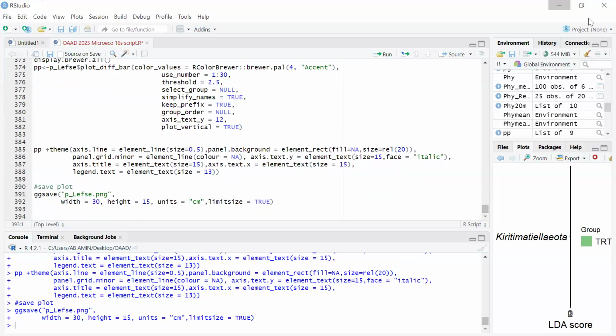Remember, one is about 2.4, which is less than 2.5. So only one was identified to be significant. Let me post the LEfSe into the group.